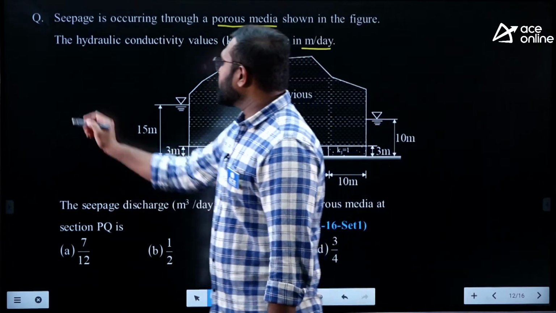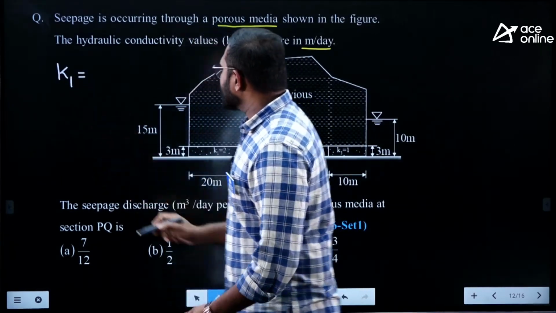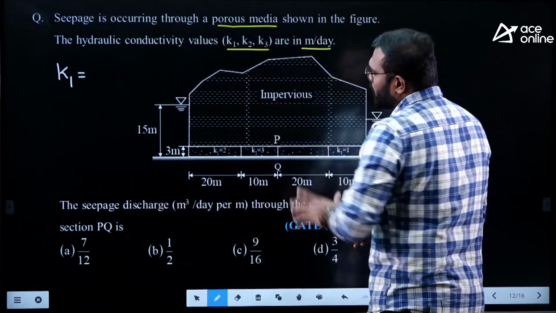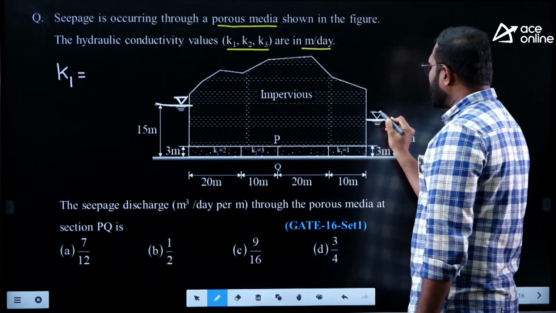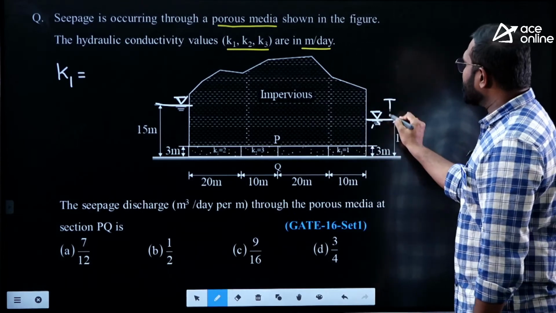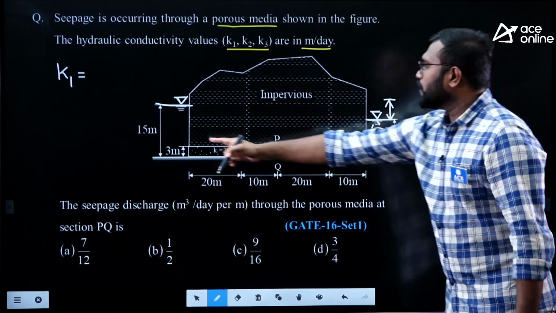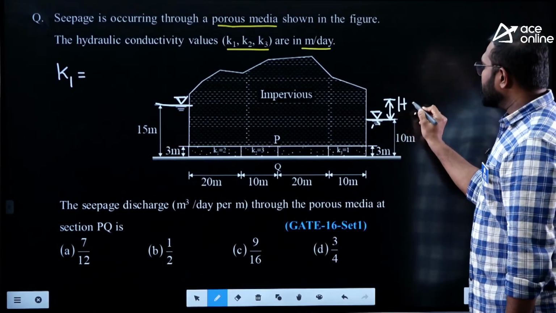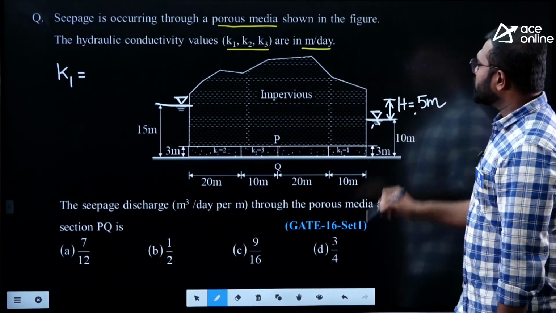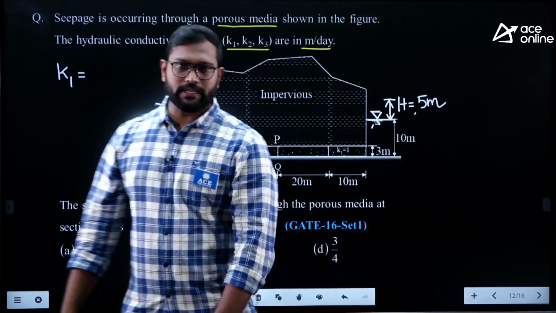So whatever permeability they have given, K1, you see there is an impervious strata and there is a higher water level here, there is a lower water level here, and there is some difference between the water levels. What is the difference? This is 15 meters and here it is 10 meters. So that difference is 5 meters.